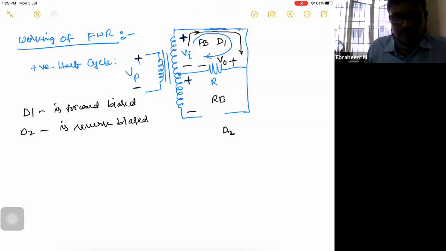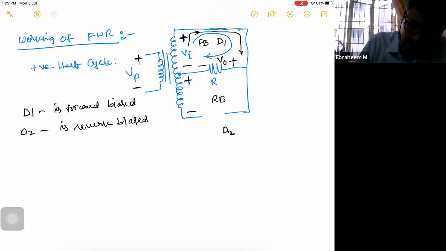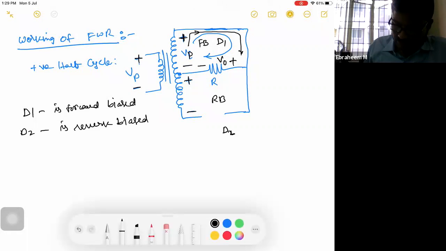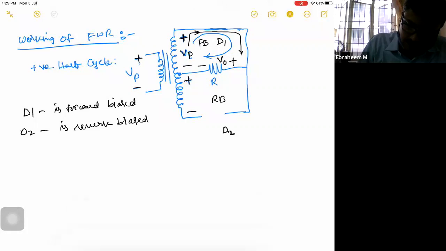Or you can take it as the primary voltage VP, because the secondary voltage is two times the primary voltage.